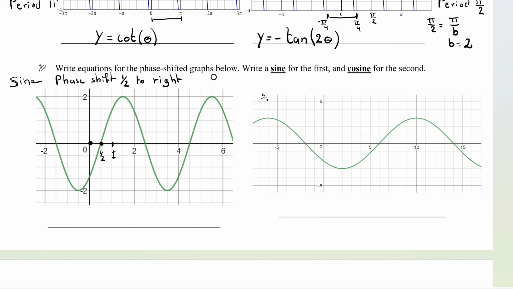Then there is no reflection, because we are going up toward the maximum from the beginning point if we do a phase shift of 1/2. So no reflection there. Now we look at the period. From here to there, what would the period be? From 1/2 to this will then be 4.5, right? So we have a period of 4.